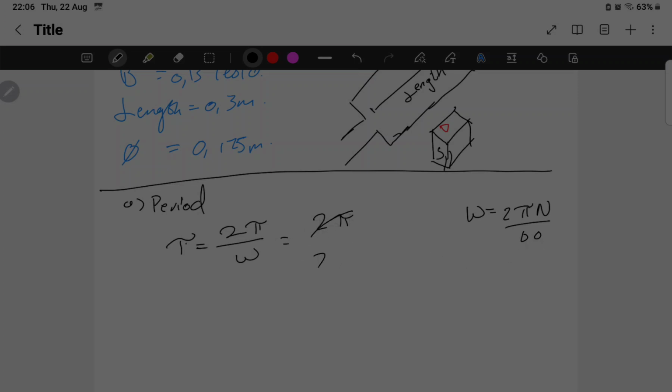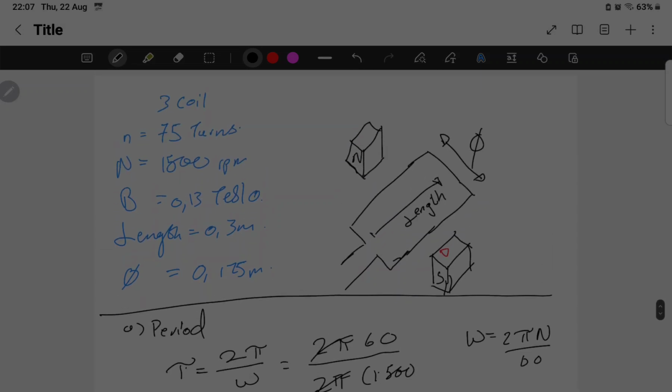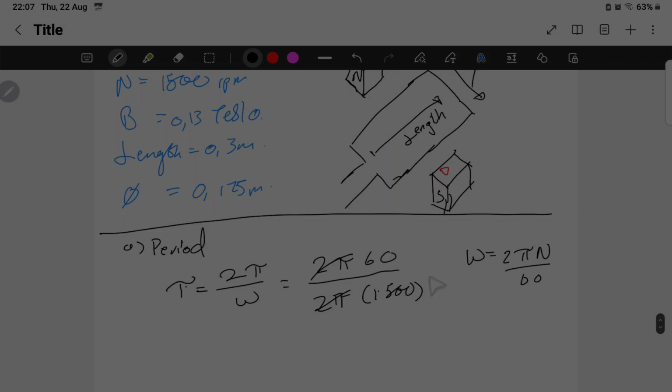So then 2 pi over 2 pi over 60 times n, which is 1500, multiplied by the number of coils.